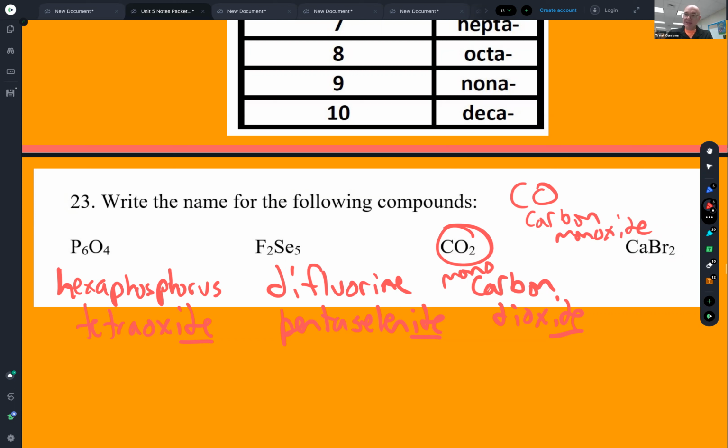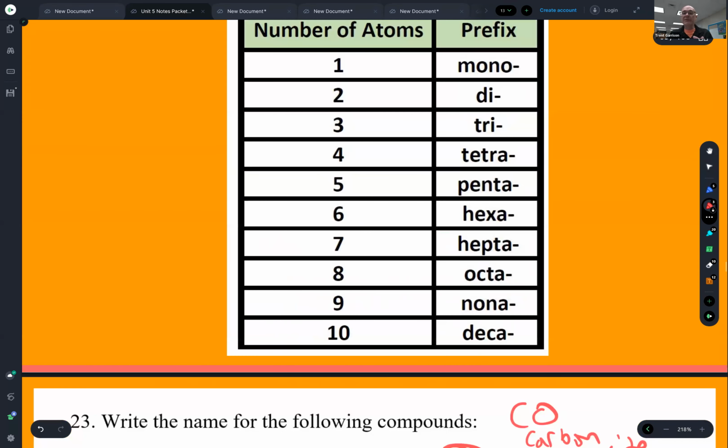A second inconsistency that I'm bringing to light here is the fact that many times we will cut off the last vowel in the prefixes if the element starts with a vowel. So in other words, if I were to do triiodine, I don't put 2 i's together. It just becomes triodine.